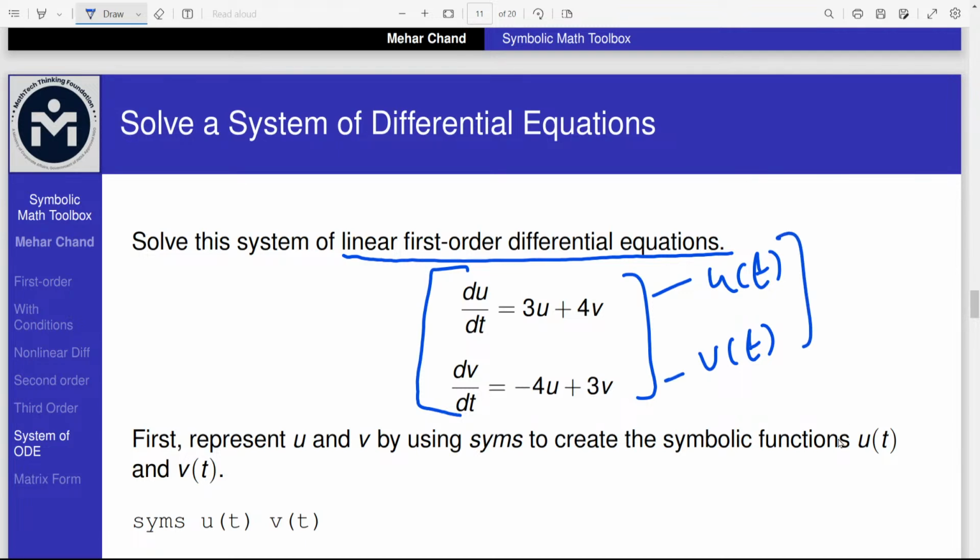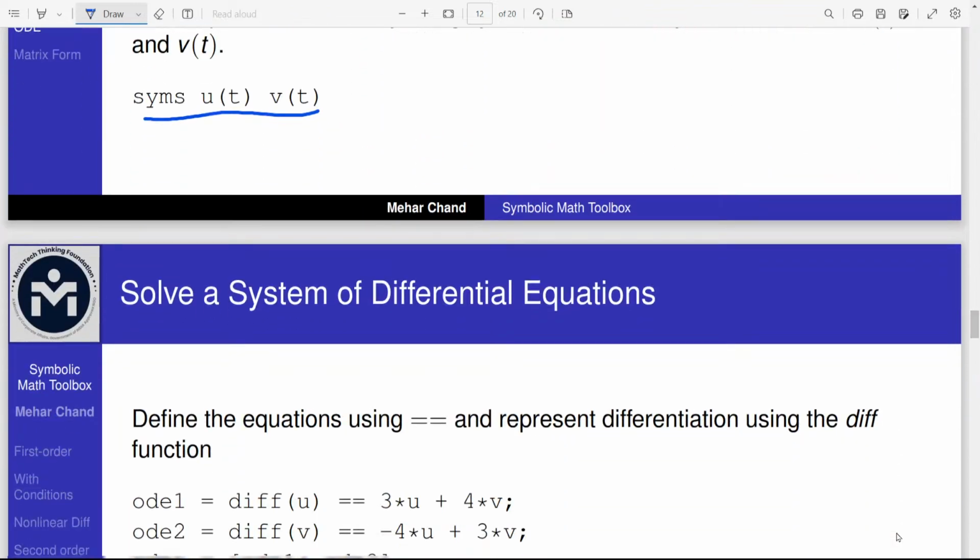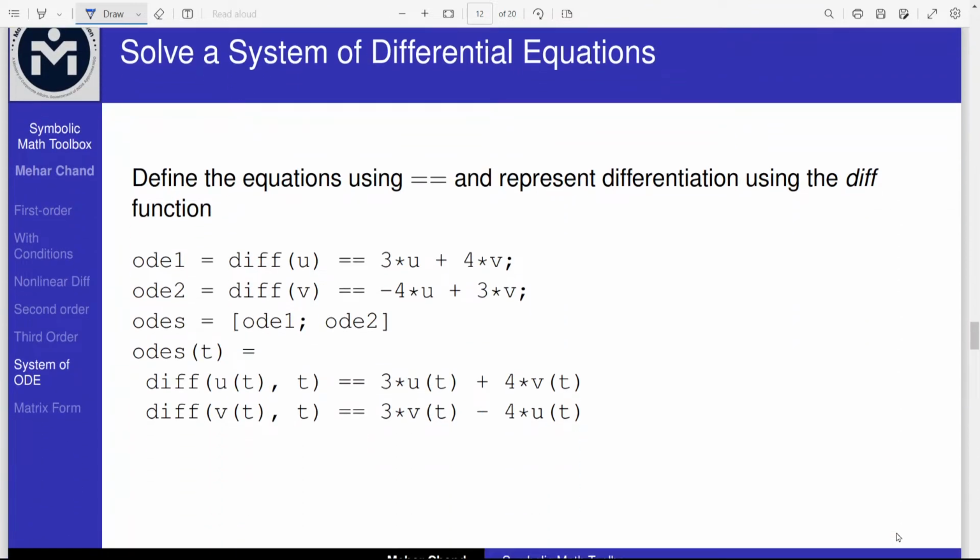After that we can write these two differential equations. This is the first: diff u is equal to 3u plus 4v.